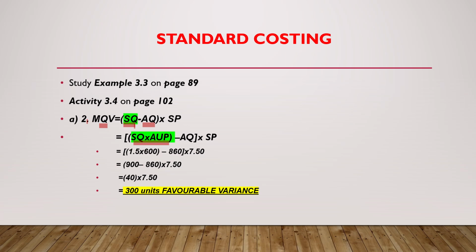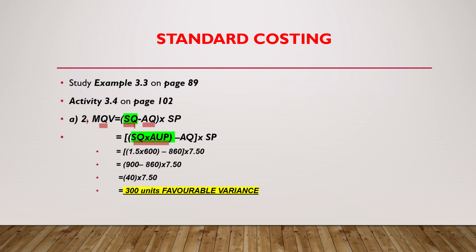Multiplied by actual units produced. Go to actual information and check for actual units produced or made. Actual results, they say 600 jerseys were made or produced. So how many actual units were produced? 600.